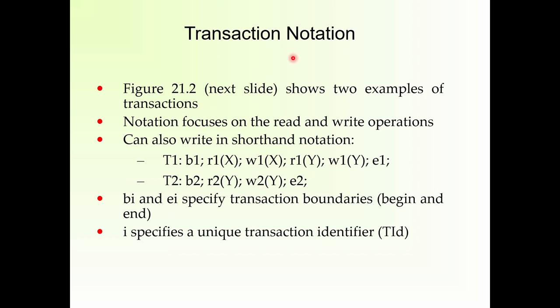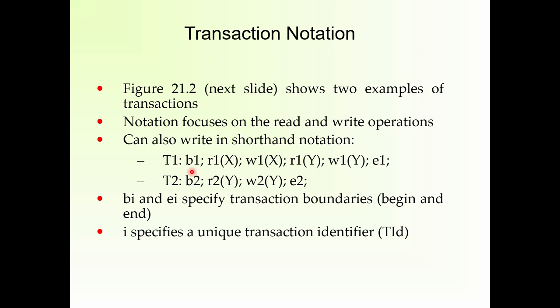In the transaction, you use some notations. What are those notations? Let's see. In the transaction, read and write operations are available, and here we are going to use a shorthand for these operations. T1 indicates transaction 1 and T2 indicates transaction 2, and as I told, all transactions have boundaries, that is begin and end.